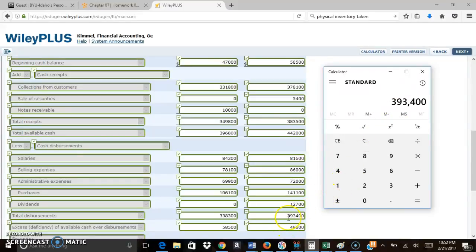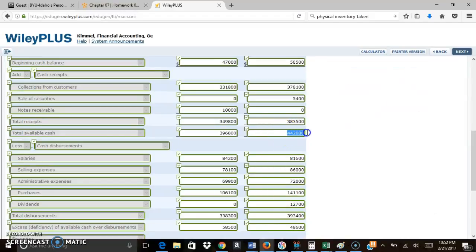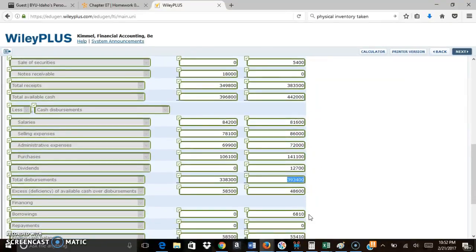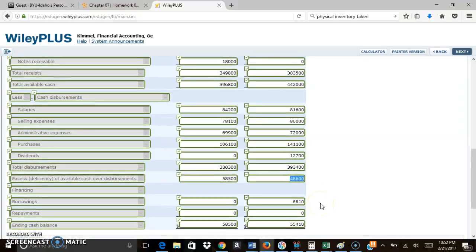And then we take the total available cash, 442,000 minus the 393,400, and that'll give us an excess of available cash over disbursements of 48,600. Now our ultimate goal was 55,410.